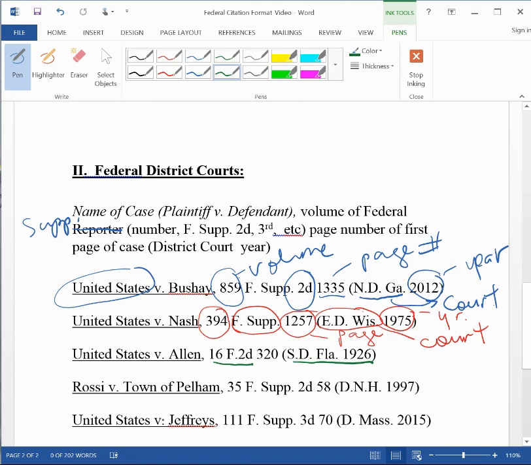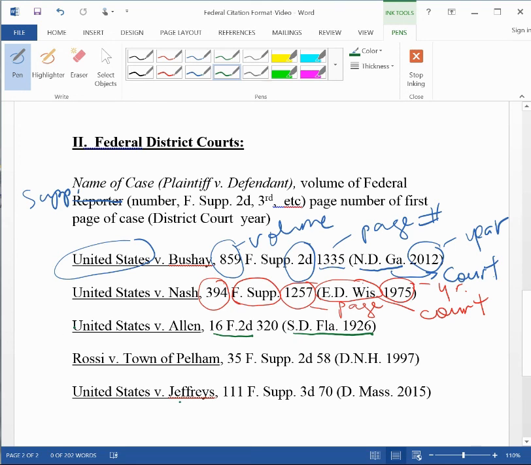So that's actually not a great example here, and I'm sorry that I put it in, but it's here. Then we have finally Rossi versus Town of Pelham, 35 F sup, second, 58, and that's the District Court of New Hampshire in 1997. And here is one last one from the District Court in Massachusetts.